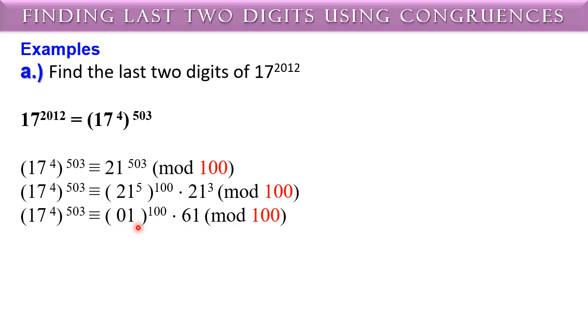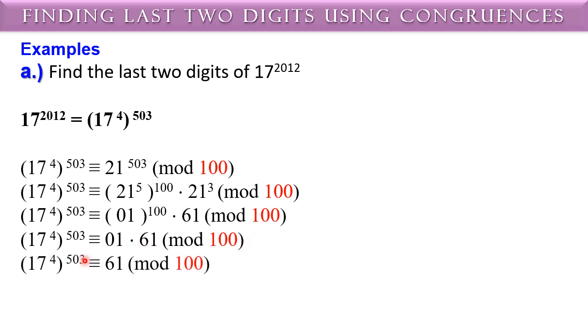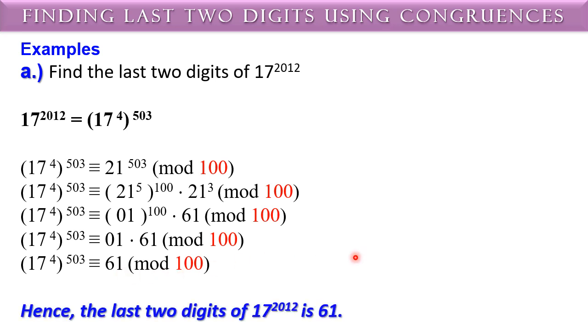Simplifying this part of our expression, we have 01 times 61 modulo 100. Thus, 17 raised to 4 raised to 503 is congruent to 61 modulo 100. Hence, the last two digits of 17 raised to 2012 is 61.